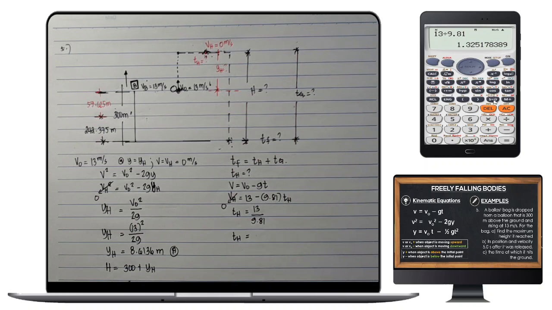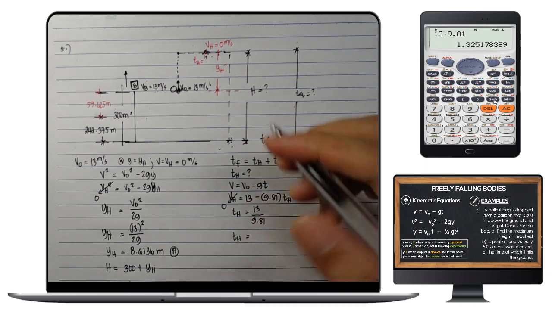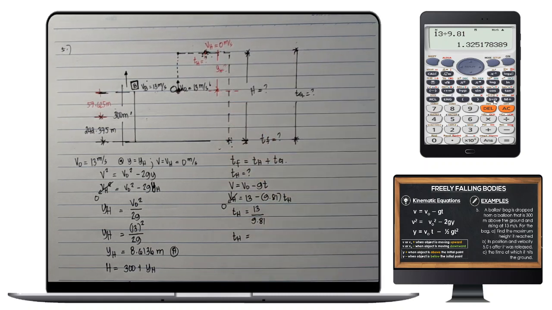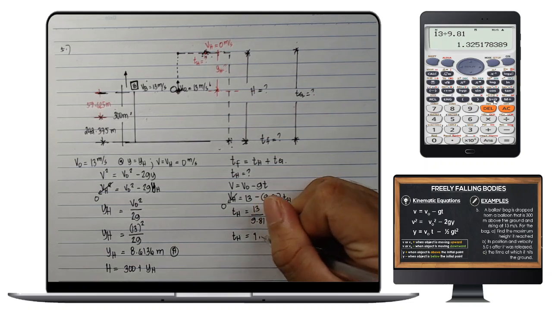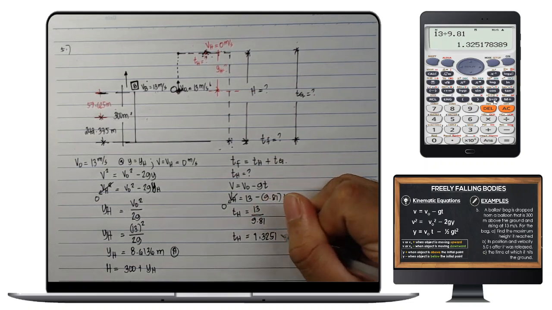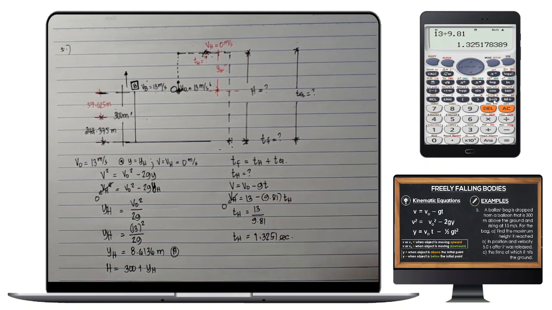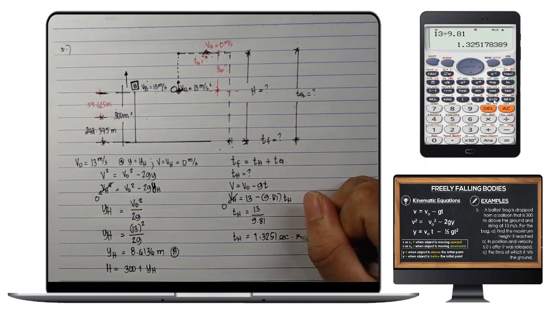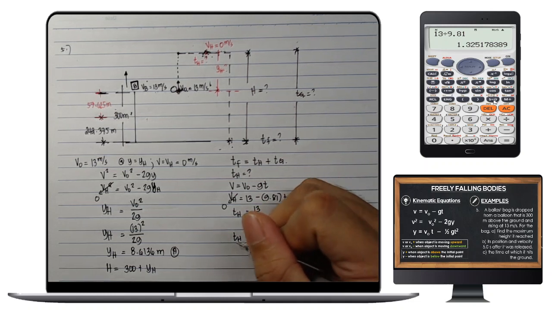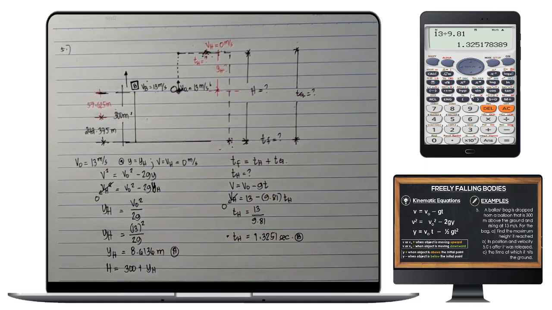So that is 1.3251. So in time to reach the maximum height from the initial position of the balloon, we have it as 1.3251 seconds. So let's store this at storage location B. So lagay ko lang to sa B. C, T sub H. Store natin to sa B, shift store B. So, yung from the initial position up to the maximum height.